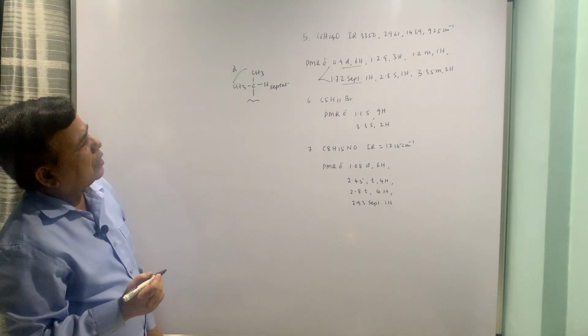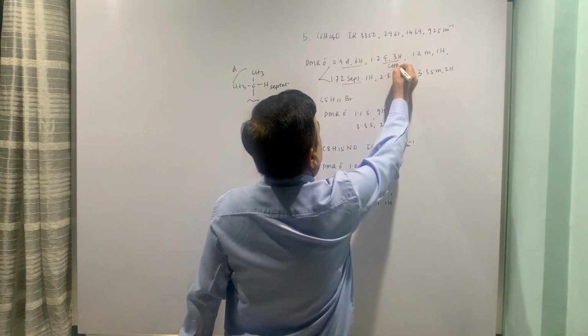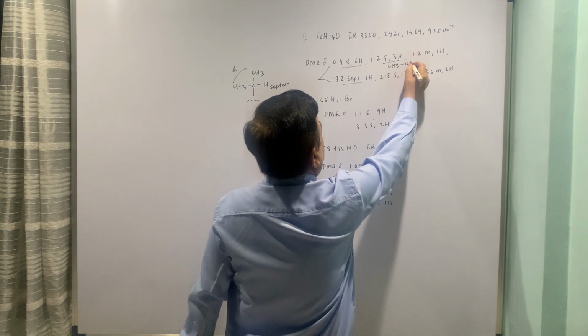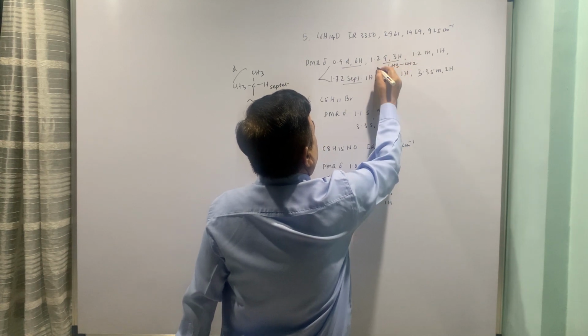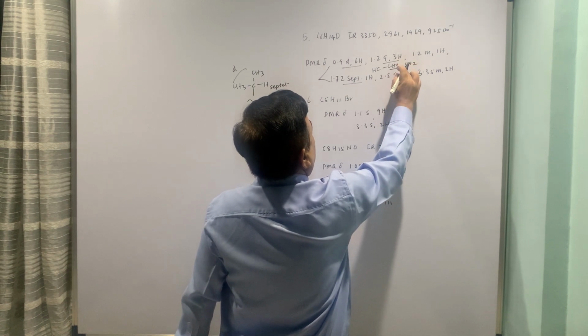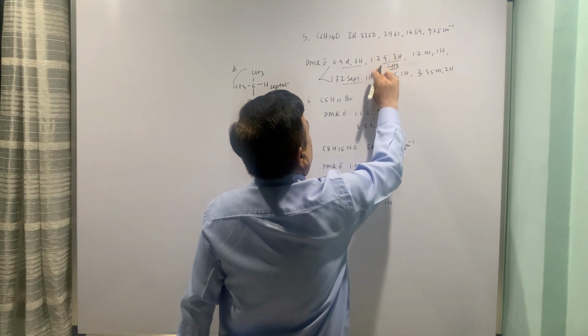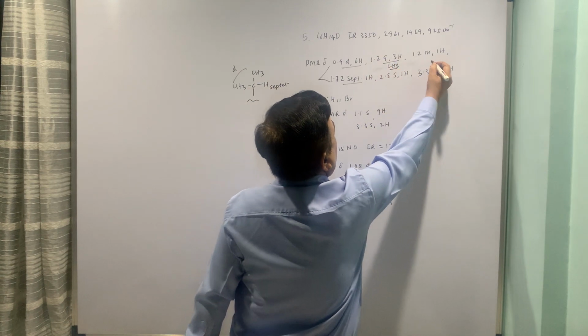Quartet for CH3. So CH3 probably has got CH2 on one side, CH on another side. So that is why quartet. We will write down the structure and come to it.